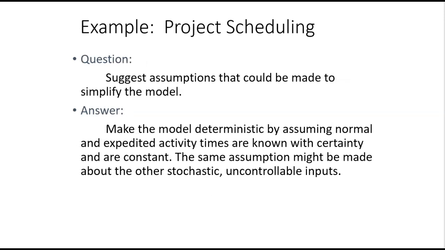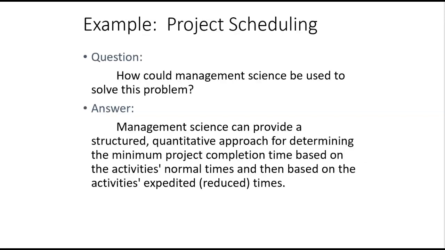I might want you to suggest assumptions that could be made to simplify any scheduling model. Well, I might use the deterministic approach by assuming normal and expedited normal activities, right? There's no random wild variation. Assumptions about constants, like weather, the time of year, or pay, or work hours, etc.